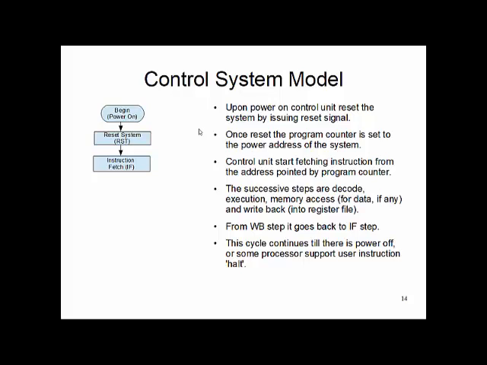As I explained earlier, it will send an address stored in the program counter. Now you can ask, what is the value to start with? The very first instruction it fetches from the memory, the address of that very first instruction is fixed for each processor.